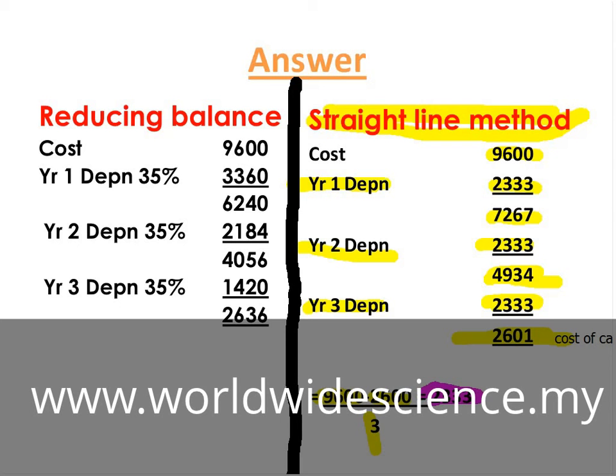So here we deduct in year 1, year 2, year 3 the depreciation from the car cost.